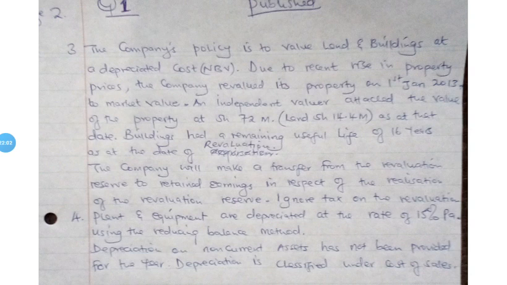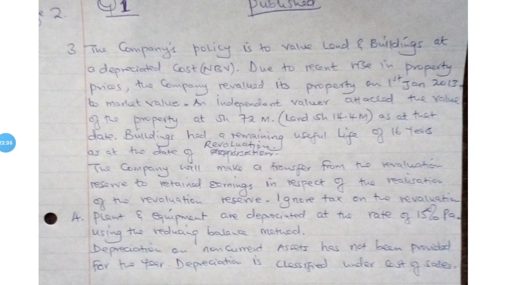Remember, we have said that at the beginning, that is 1st January, before revaluation, the net book value for our buildings was 38,400. After revaluation, the value for buildings was placed at 57,600. So now you can tell me the amount buildings were appreciated by.